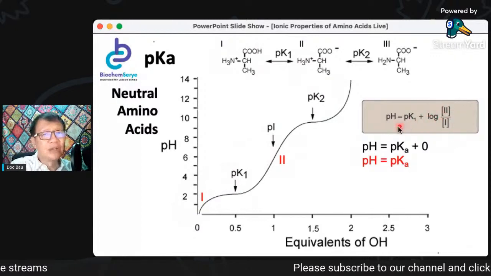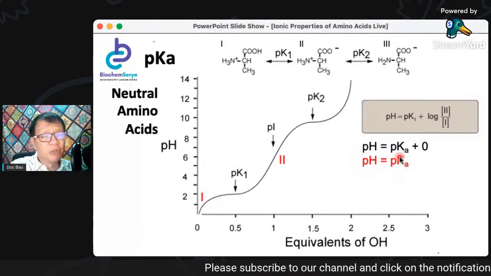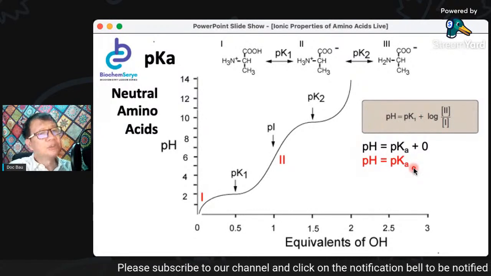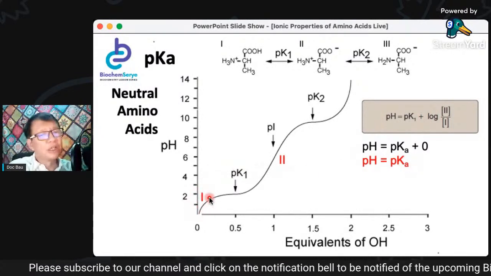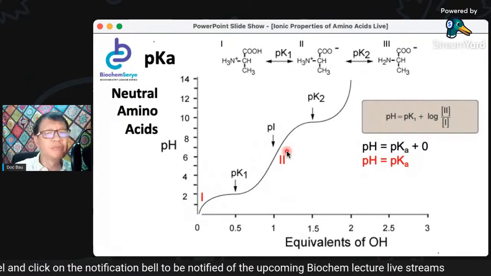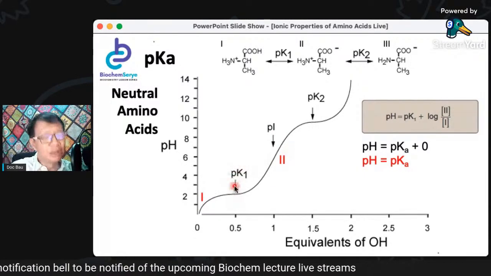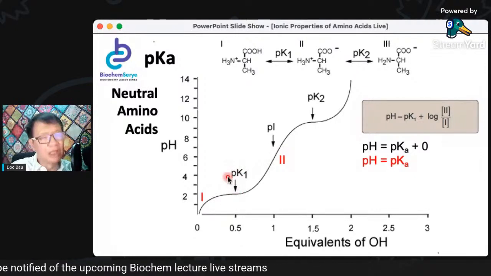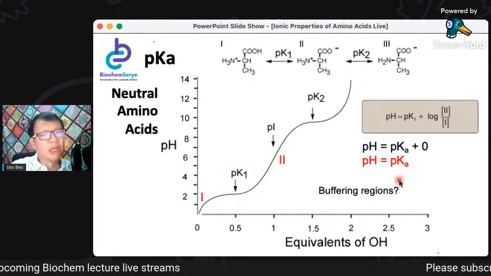They cancel out. The pH becomes equal to your pKa. It only means one thing: your cationic form and your zwitterionic form are equal to each other. If they're equal to each other, the pH is equal to your pK.